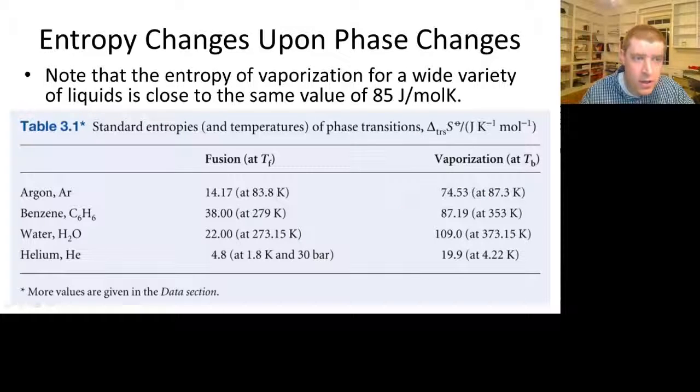And you can note that over here, the vaporization values, a lot of them tend to be near about 85 joules per mole K. So the ones that I have listed here, the water, the enthalpy of vaporization is significantly higher there, and for helium it's significantly less. But those are two pretty different gases. So this value of 85 joules per mole K is kind of a special value.